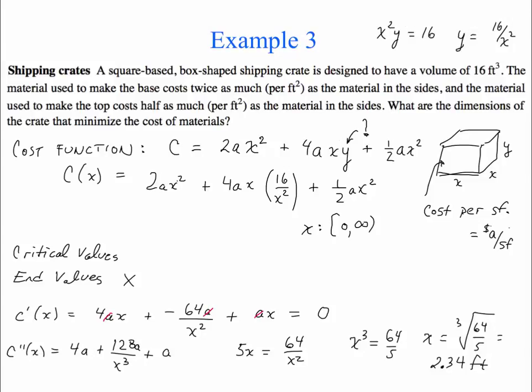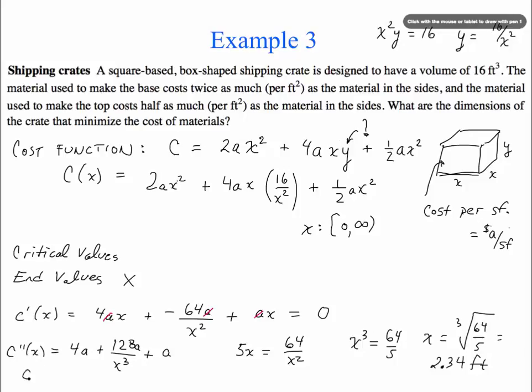So 2.34, when we put that into the second derivative, is that going to make it negative or positive? So if we plug 2.34 into the second derivative, all we need to know is if it makes it negative or positive. What do you think? Positive, right? Everything's positive here.